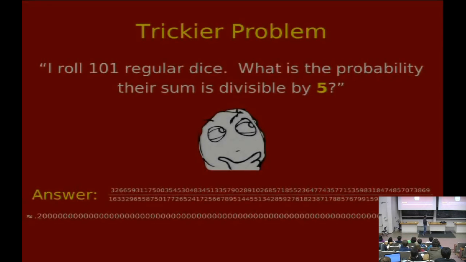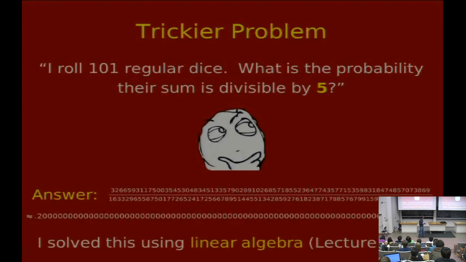So how did I get this number? Because it's a very hard thing to get. We'll see later, in our lecture on linear algebra, why this is the answer. Great. How are we doing on time?